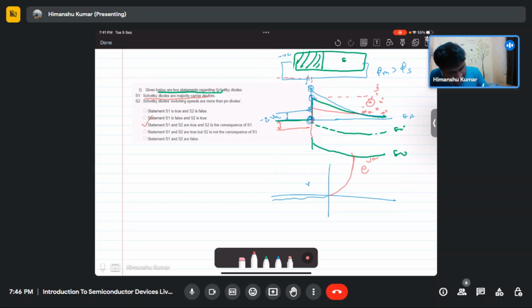The second statement is: Schottky diode switching speeds are more than PN diode.